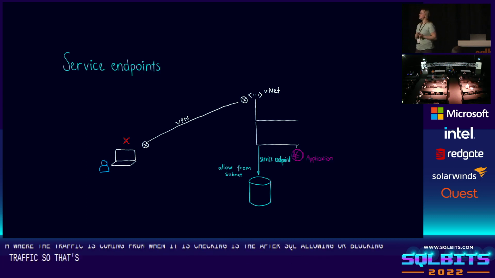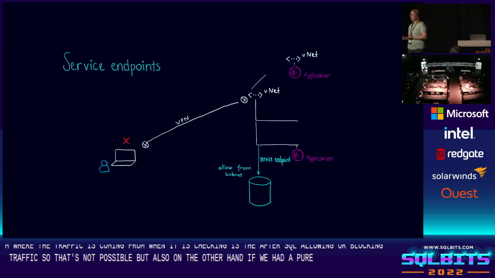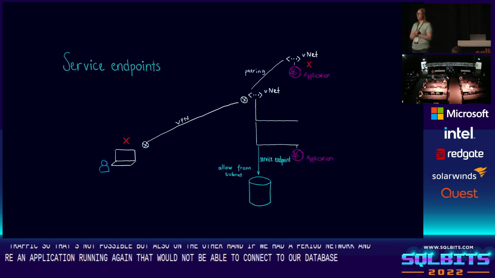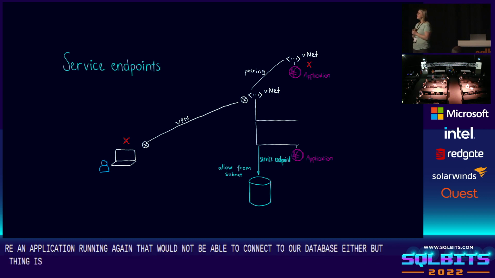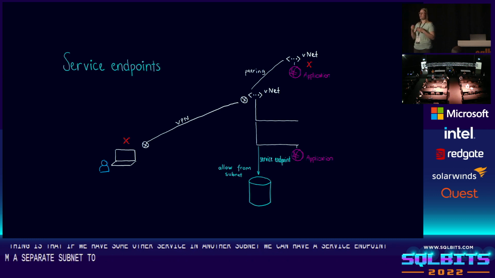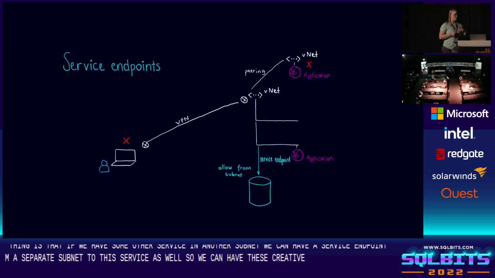So that's not possible. But also, if we had a peered network and there an application running, again, that would not be able to connect to our database either. But if we have some other service in another subnet, we can have a service endpoint from a separate subnet to this Azure service as well. So we can have these created to multiple directions.